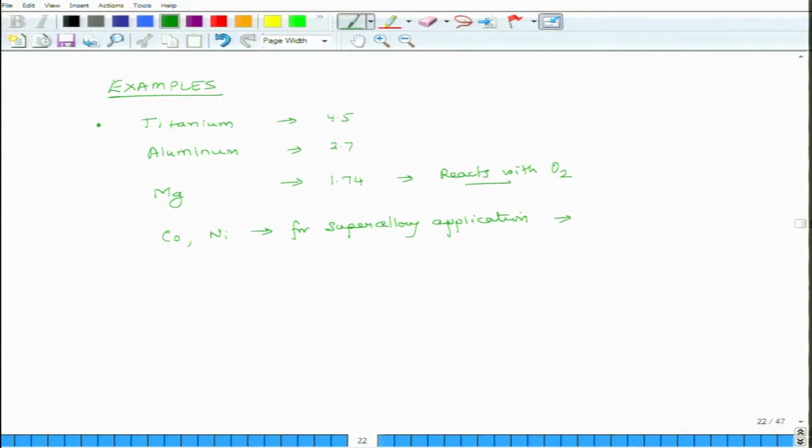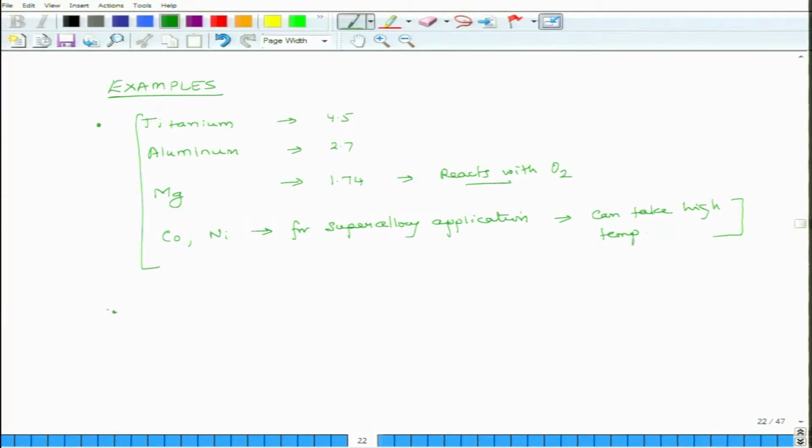They can take high temperatures. So, these are some of the examples.